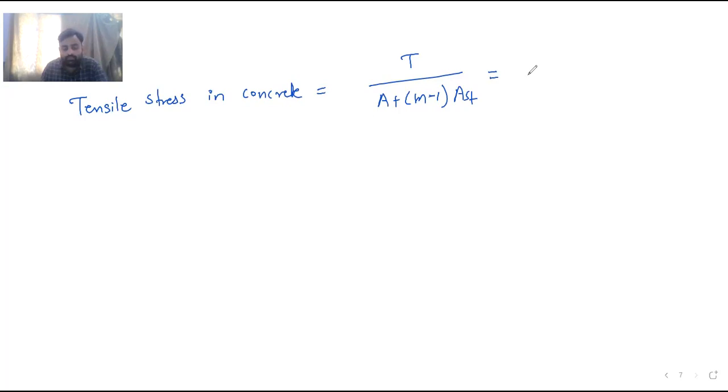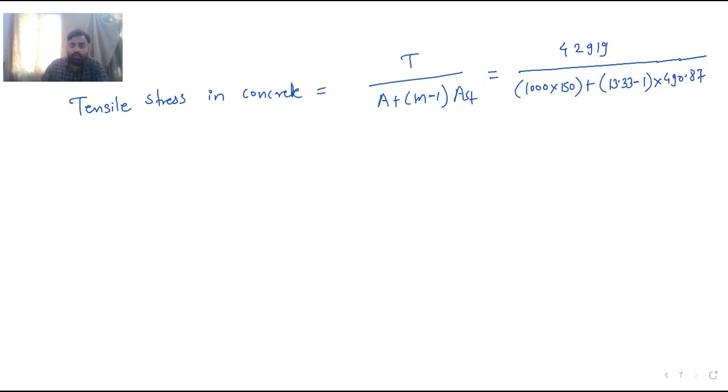Which is equal to 42919 divided by, area is 1000 into 150 thickness, plus m is 13.33 minus 1, this I have already told you, and into AST is 490.87.